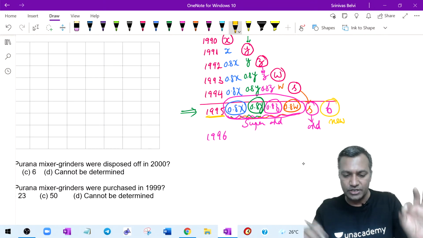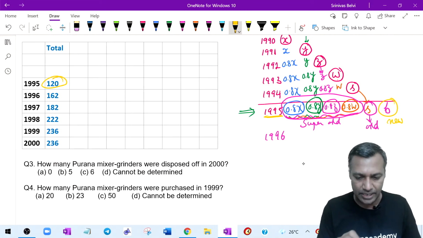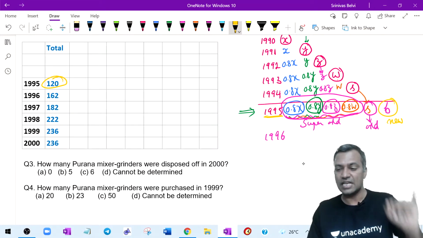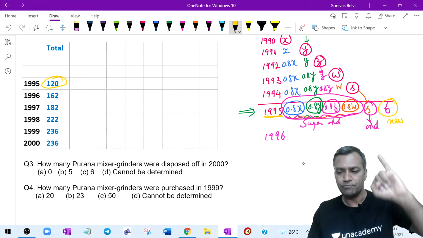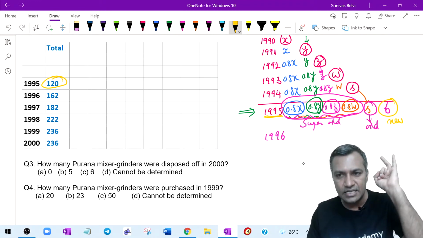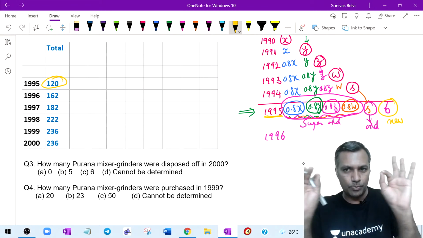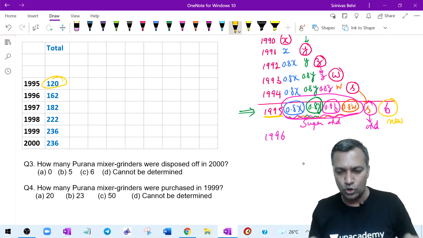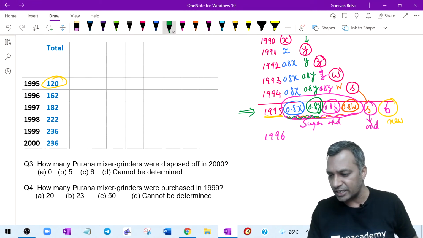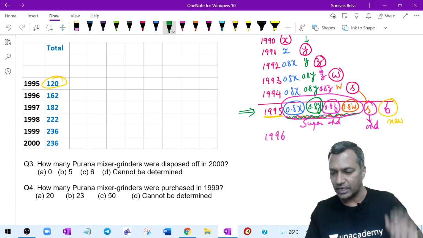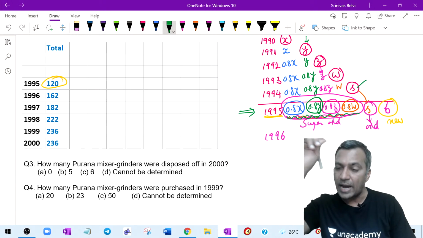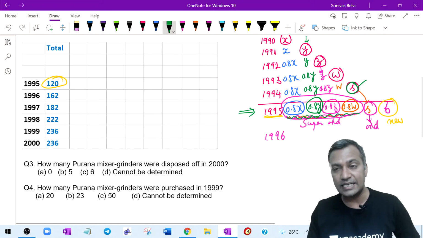What is important to me here is, look, this number 120 is made up of three things. What are the three things? There is a super old component, an old component, and a new component. That is the point I wanted you to understand. What is super old? Super old means unchanging. This 0.8 is unchanging. But there was an old one, the batch which got sold in 1994.